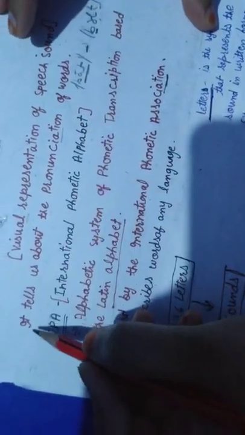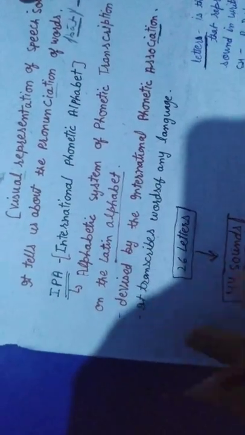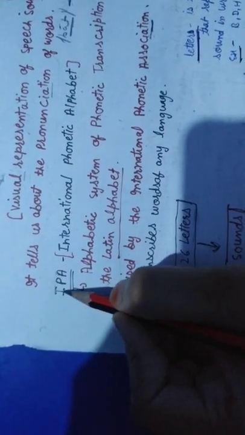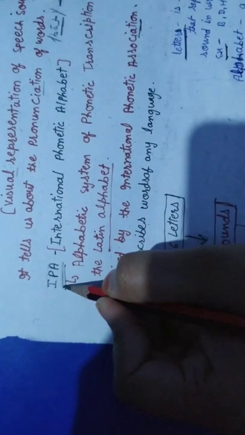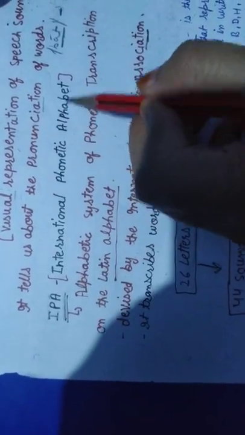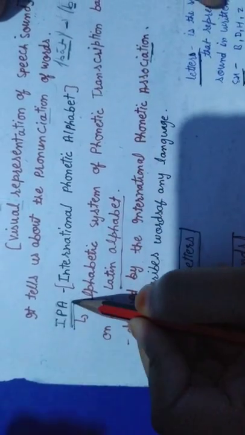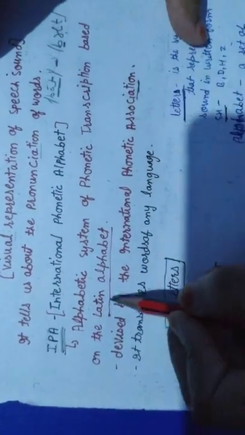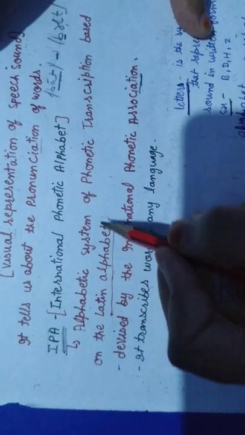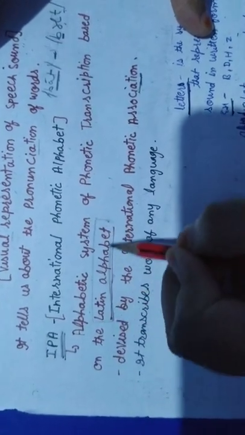So here we say that IPA gives these sound symbols, and IPA stands for International Phonetic Alphabet. IPA works as an alphabetic system of phonetic transcription based on the Latin alphabet. It is based on Latin alphabets.